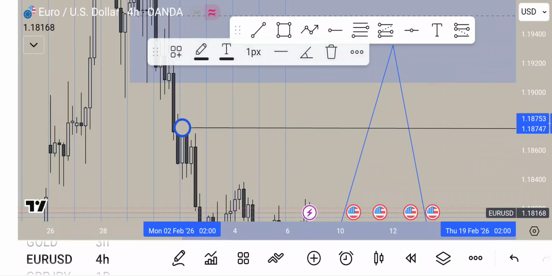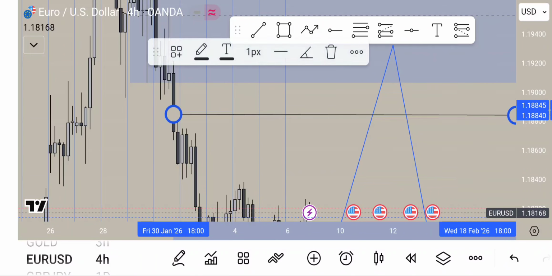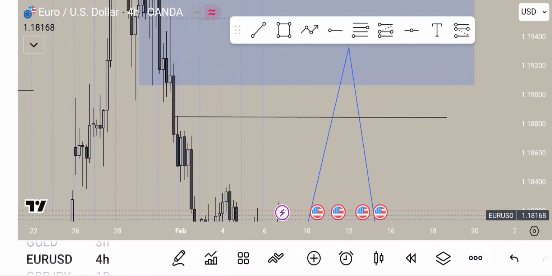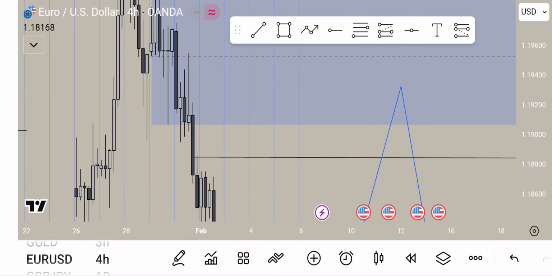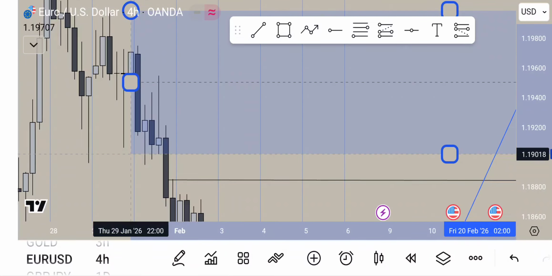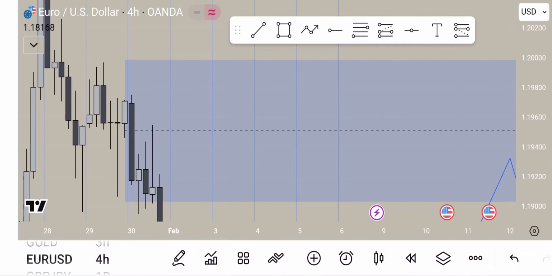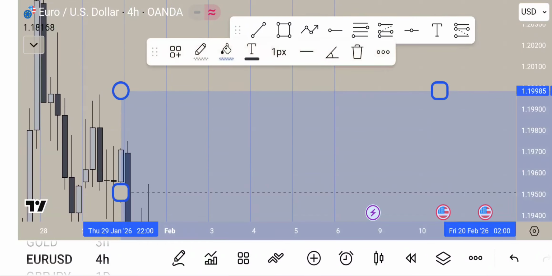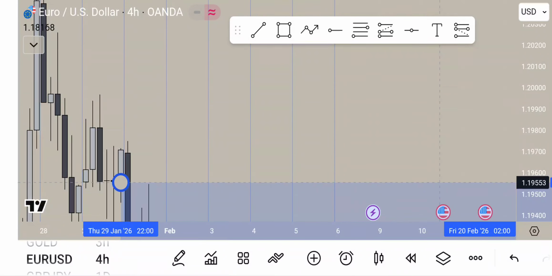If I refine this daily fair value gap I marked here, there's a demand zone here in the 4 hours which price did not mitigate.